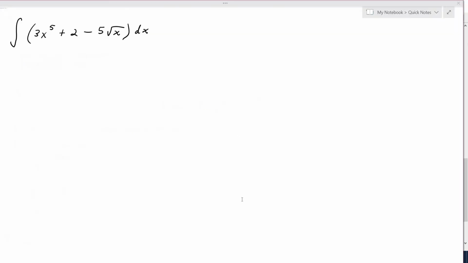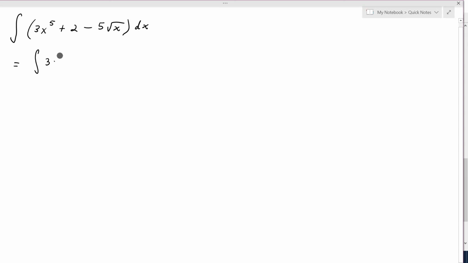Okay, so let's go over an example where we can use some of these rules. So let's say you wanted to find antiderivatives of this function here, or the indefinite integral of this function. Well, the first thing we're going to do is break this up into 3 different indefinite integrals using the sum rule.